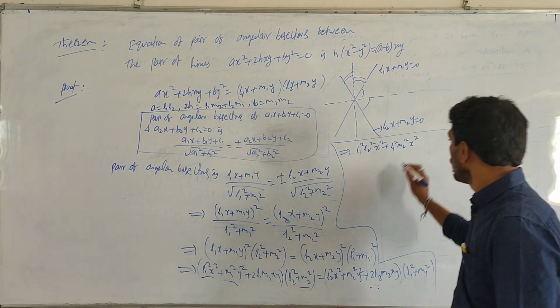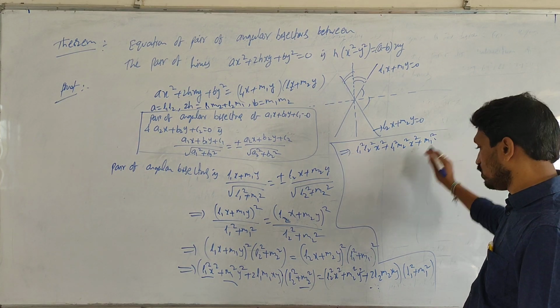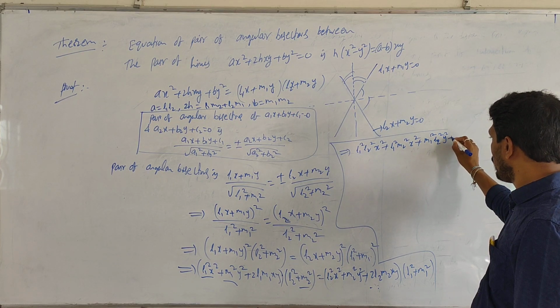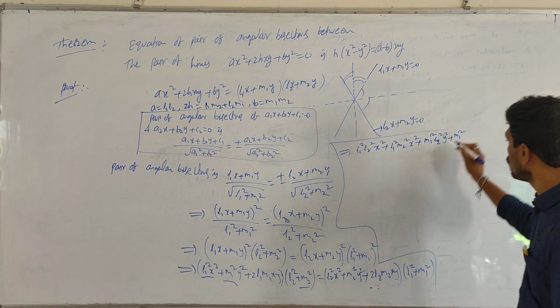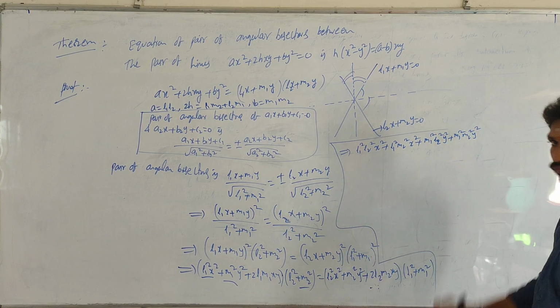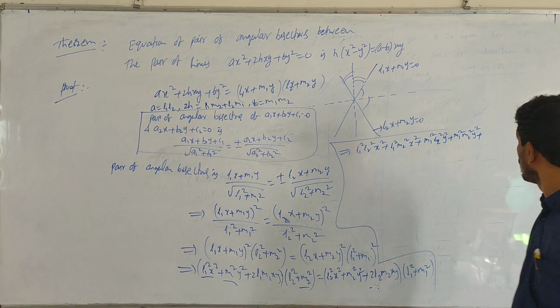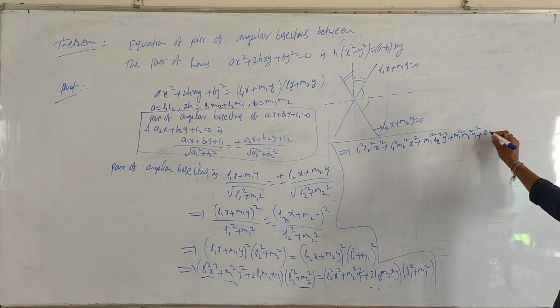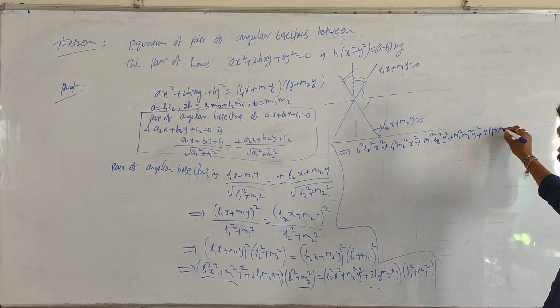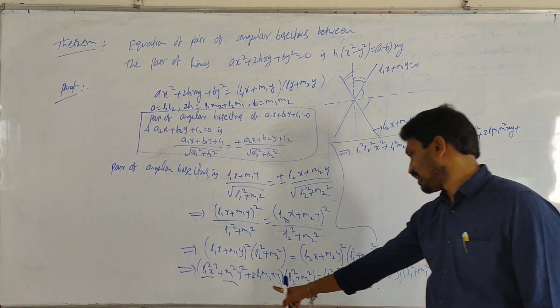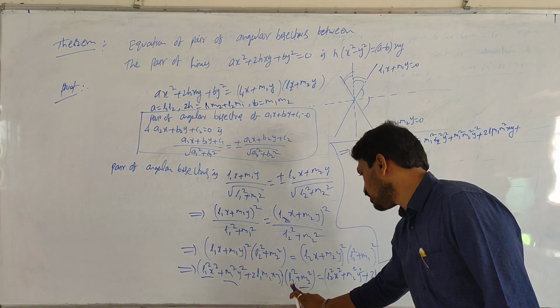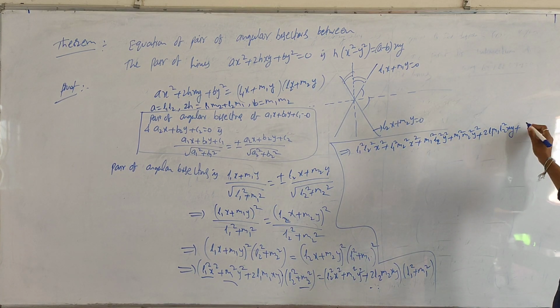Now go to the second term: plus m1 square l2 square y square plus m1 square m2 square y square, plus next 2 l1 m1 xy l2 square, that means 2 l1 m1 l2 square xy, plus next 2 l1 m1 m2 square xy.